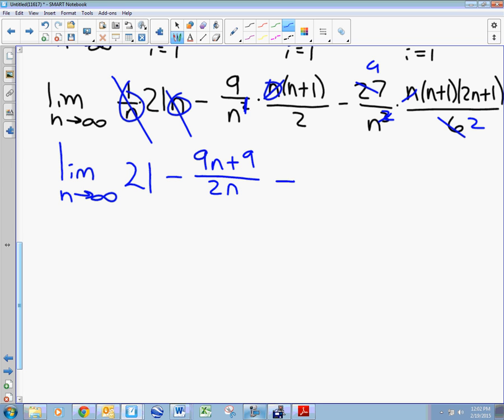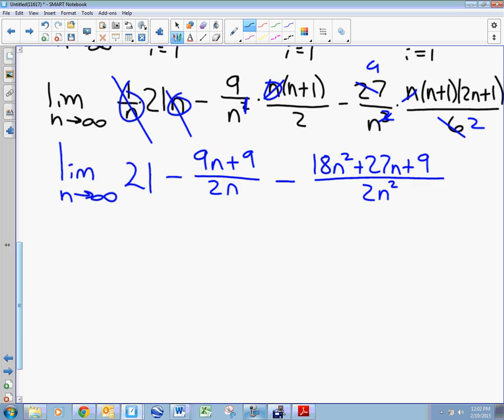Let's see, 2n times n times 9, 18n squared. 2n and 1n make 3n times 9 is 27n. 1 times 1 is 1 times 9 is 9 over 2n squared.